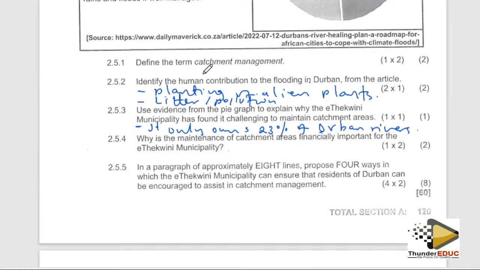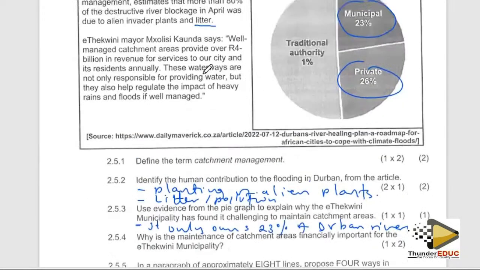Then 1.5.4. Why is the maintenance of the catchment areas financially important for the eThekwini municipality? I think we saw something here which says the eThekwini mayor says well-managed catchment areas provided over 4 billion in revenue.